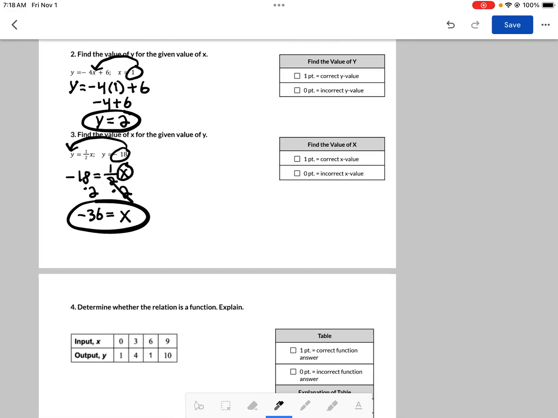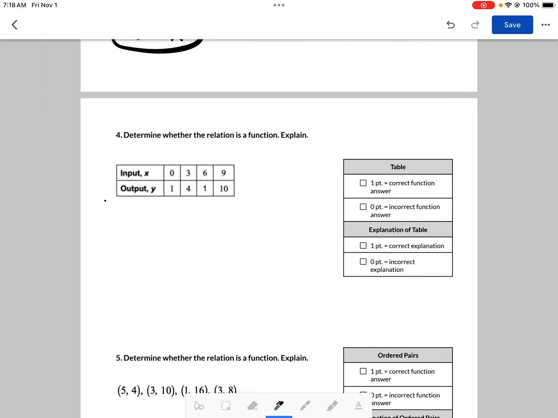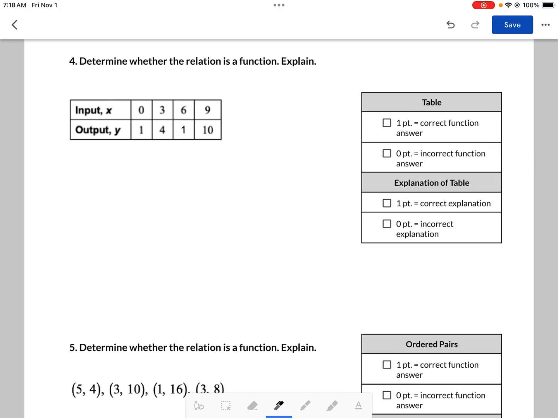Flipping it over to the next side, for number 4, it says determine whether the relation is a function and explain. So we're going to write yes or no, and then just a brief description as to whether it is a function or not and why. So I know that this table is a function.